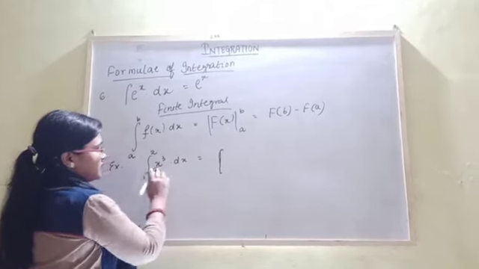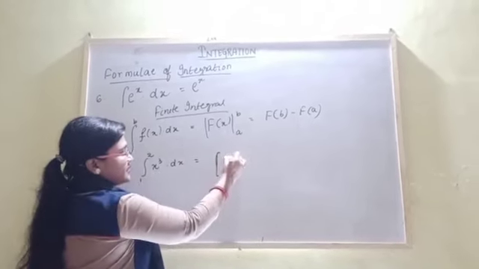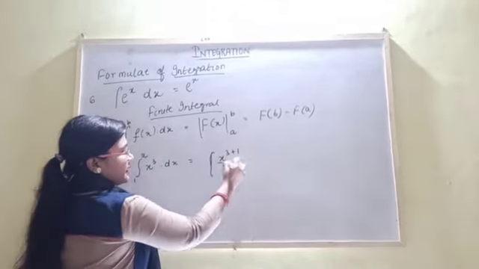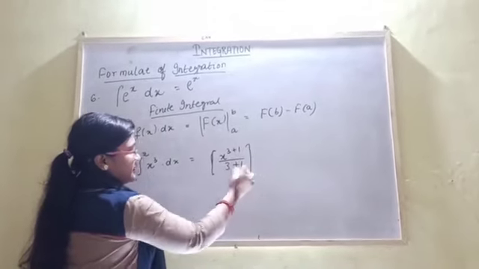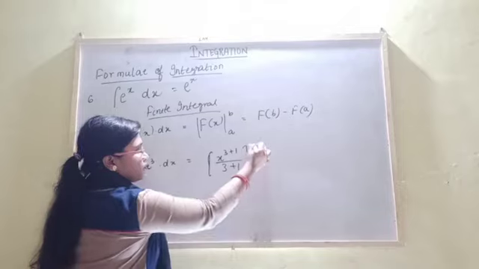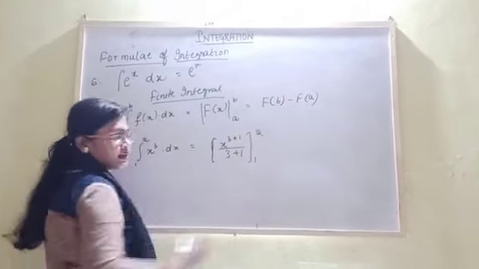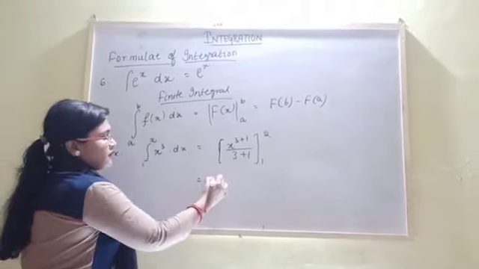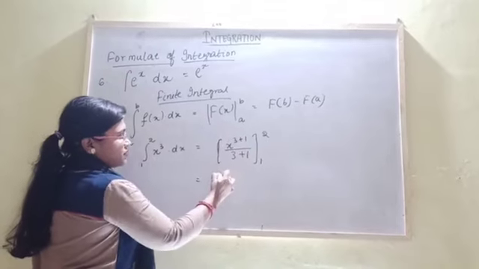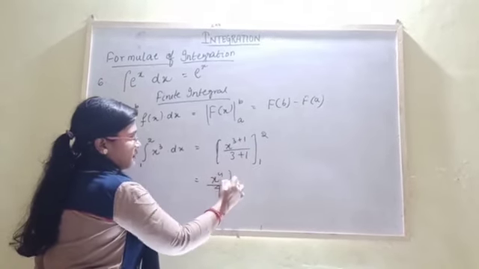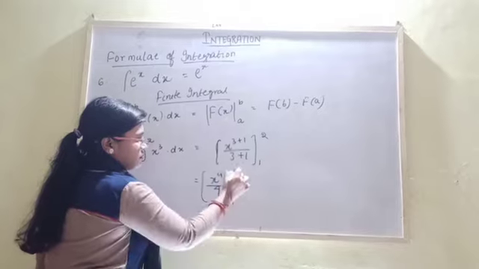You know the integration of x cube is x to the power 3 plus 1 by 3 plus 1, and the limits are from 1 to 2. 1 is the lower limit, 2 is the upper limit. After solving, we get x to the power 4 by 4, with limits from 1 to 2.